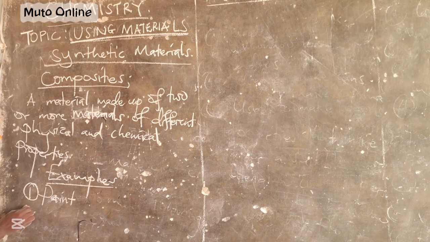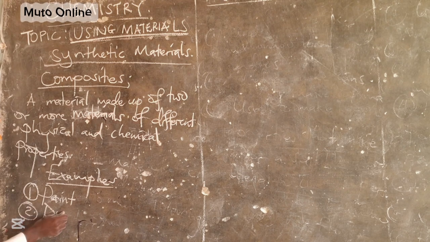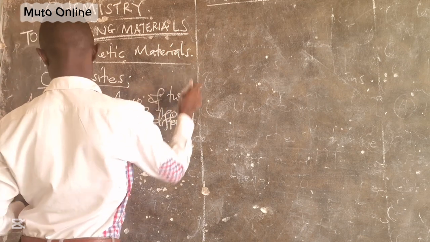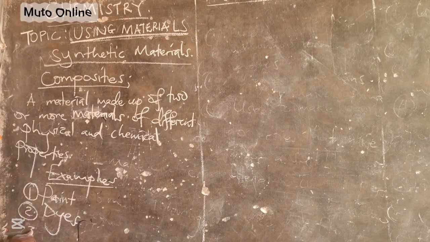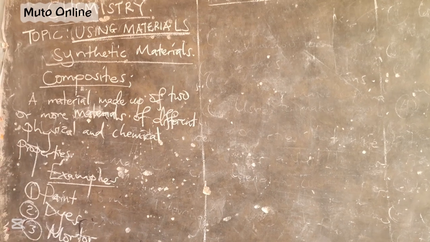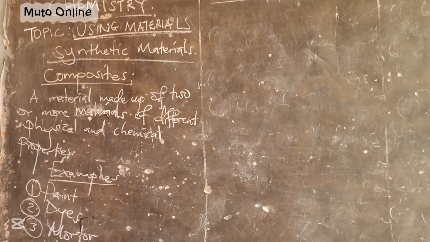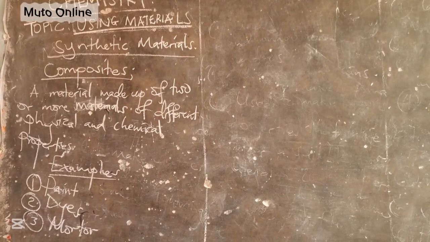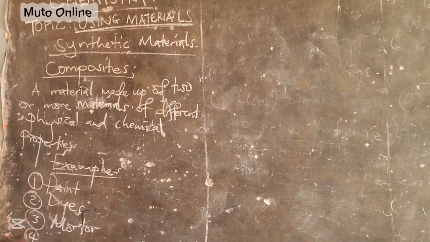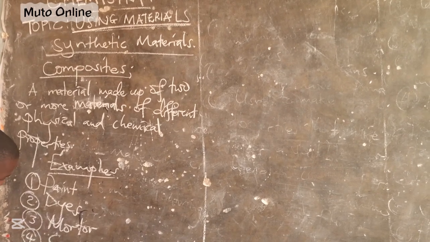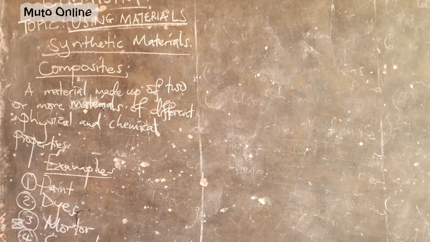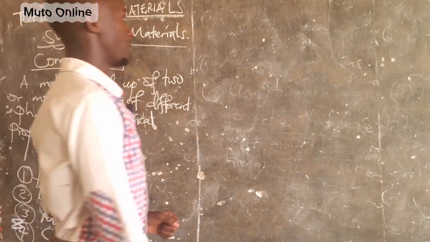We are going to find that dyes are composites. They are made up of more than one material of different chemical and physical properties. We are going to find that mortar is a composite, a synthetic material. We are also going to find that concrete is another synthetic material.